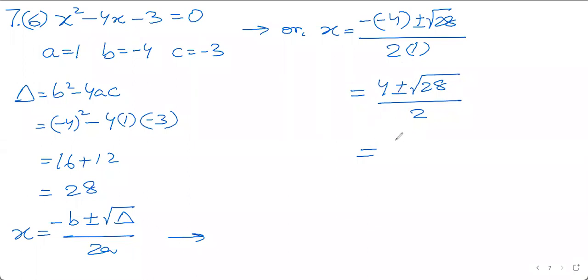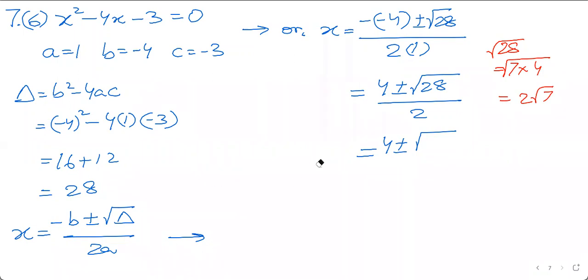So what happens here is 4 plus or minus square root of 28 can be written as 7 into 4. Now square root of 28 will become square root of 7 into 4, which is 2 root 7.